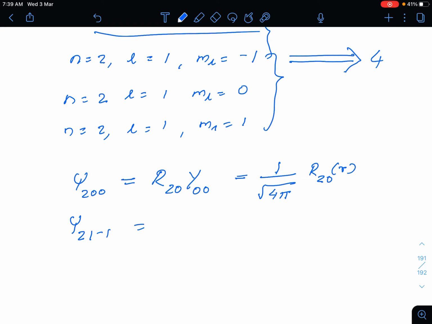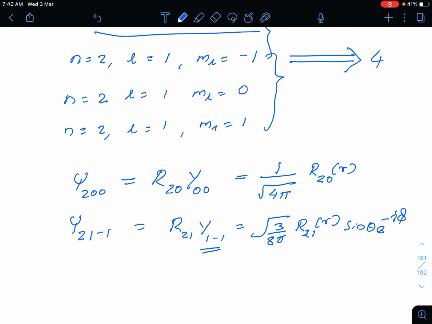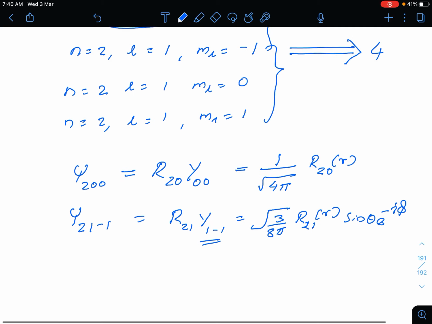That is something like root of 3 by 8 pi times some r function, R 21. Then of course the Y function will be sine theta e raised to minus i phi, since ML is minus 1. So that will be there.